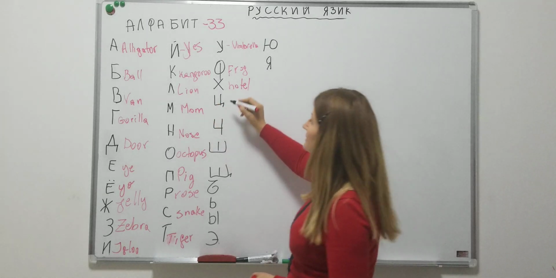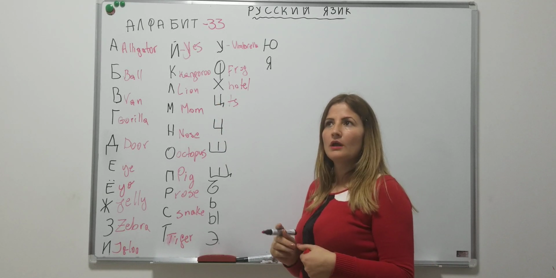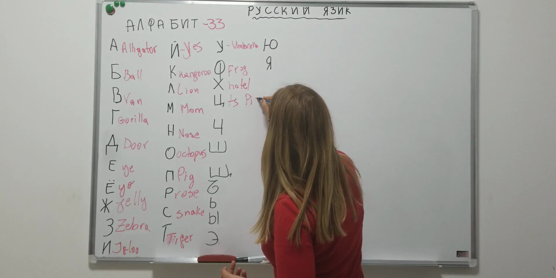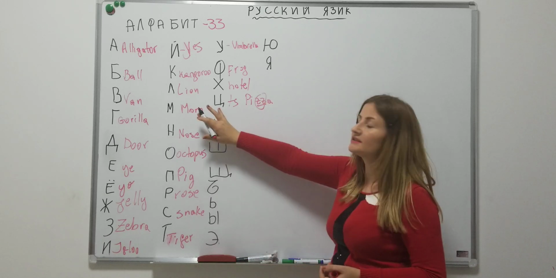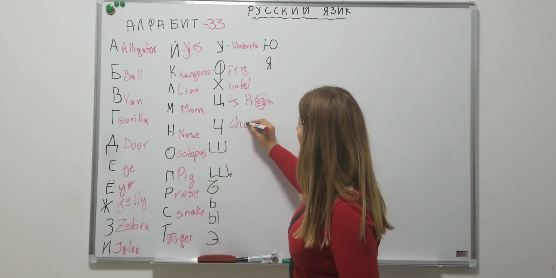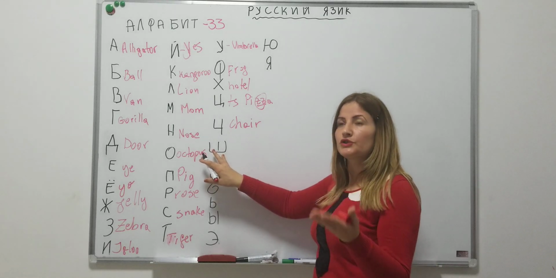C, it has the sound ts, as in the word pizza, for example. So this sound here is ts. Ch for chair. Sh for shop.